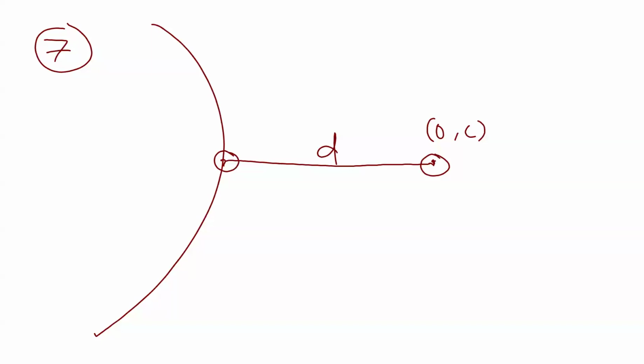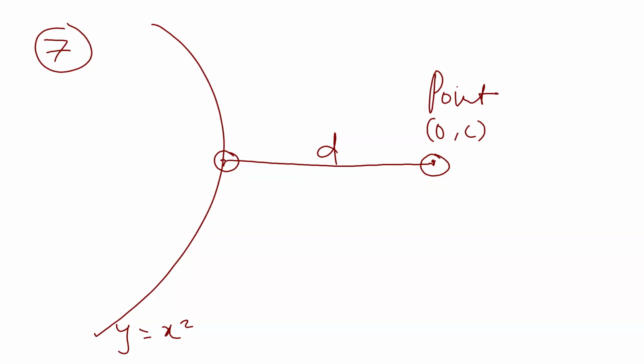So the parabola is y is equal to x square, a curve. Point is 0, comma c. So they're asking, find the shortest distance. So we have to minimize the distance over here.